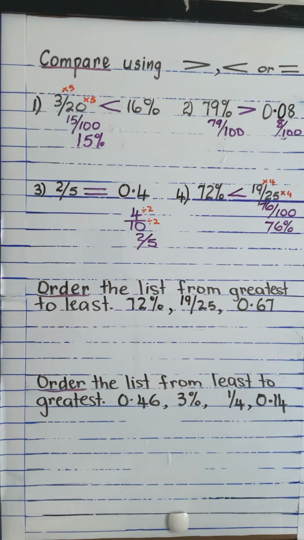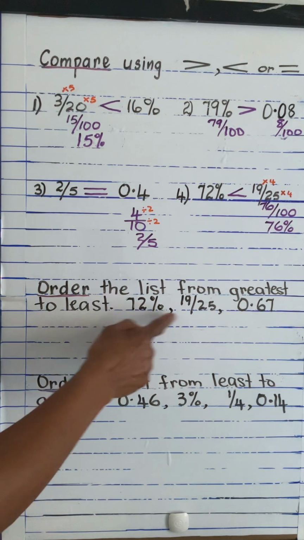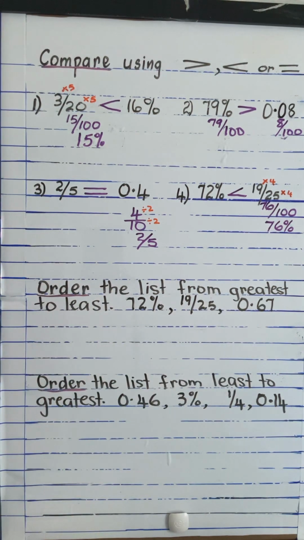Okay, so now let's move on to ordering fractions, decimals, and percent. Here we have a list, and the same rule applies. We have to bring all of them to the same name.